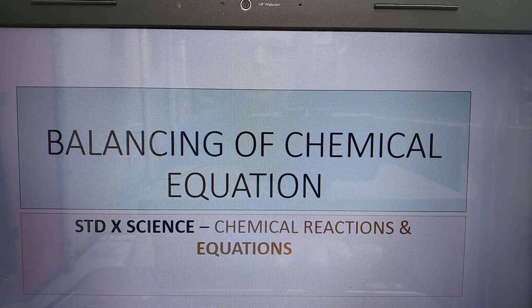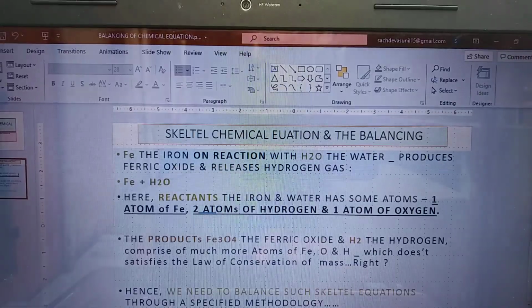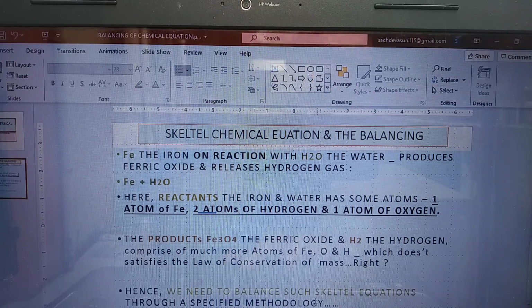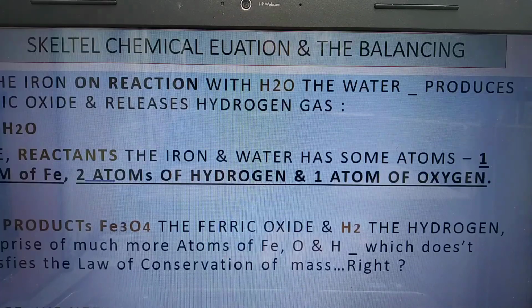So to start with, let's see what a skeletal chemical equation is and how to balance a skeletal chemical equation.